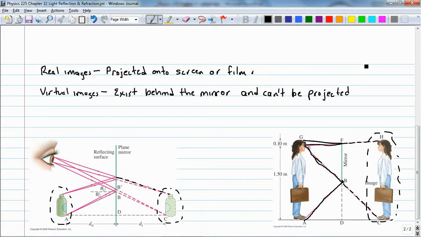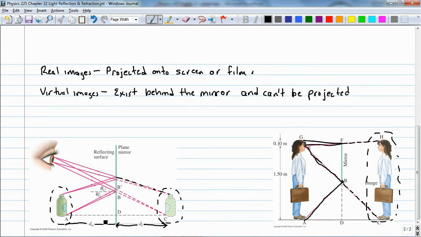So we've defined different image types. The last thing we need to define is, based on this mirror, we have a distance from this mirror that we call the object distance, DO, and we have the image distance, in this case behind the mirror, that we would measure.